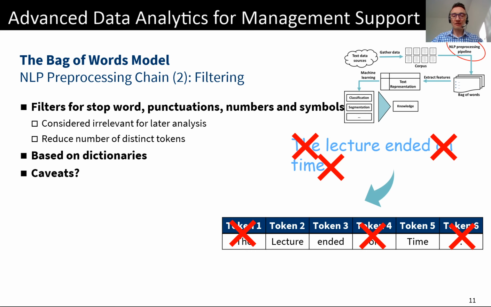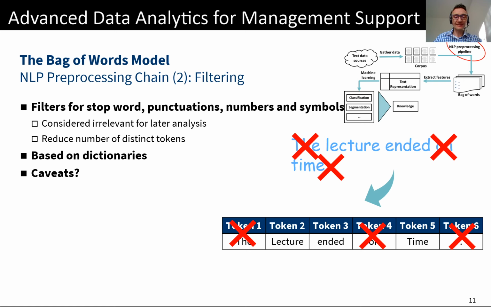Stop words like the, or this, on, that's a preposition. If you want to understand the meaning of text, likely you would not need any of these stop words. And there is a good reason to filter them. If we cut down the number of distinct words in our vocabulary by filtering, well, you have seen the bag of words model, you have seen this document term matrix before.